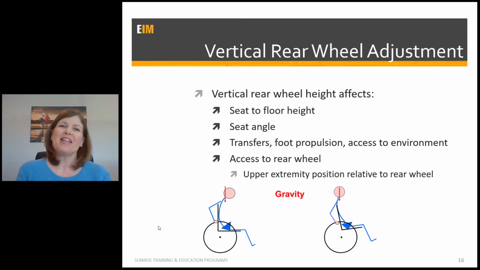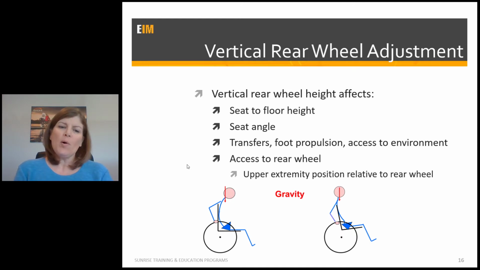This can have the benefit of using gravity to assist with positioning, and many of us will know using gravity to assist in this way. Our vertical rear wheel adjustment will also affect transfers. It'll affect foot propulsion. So getting that rear wheel at the optimal height is going to be important, and also access to the environment, getting under tables or desks, for example.